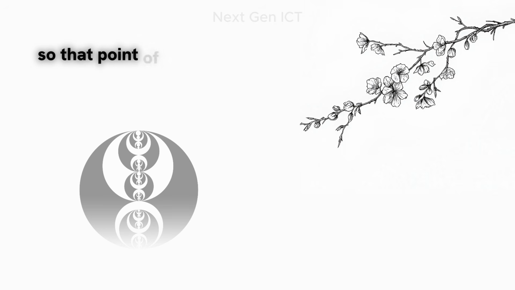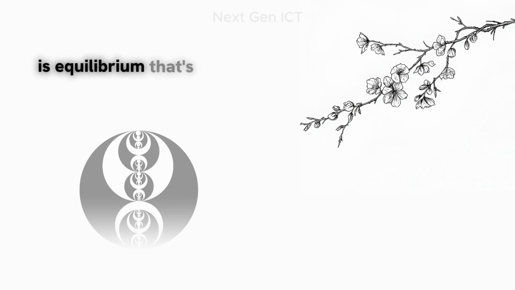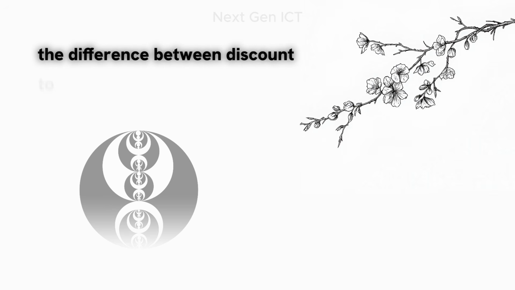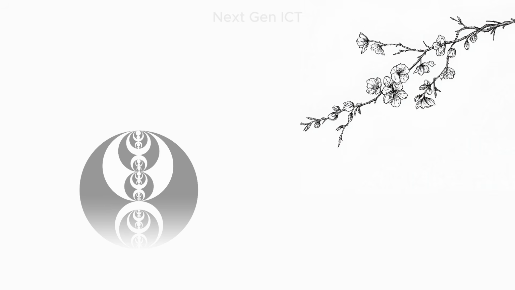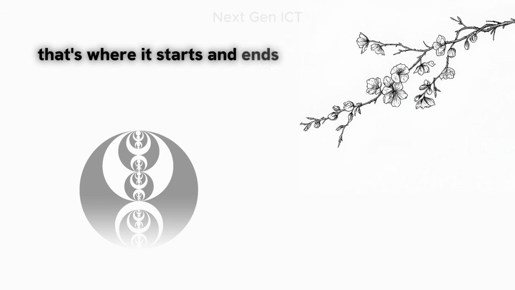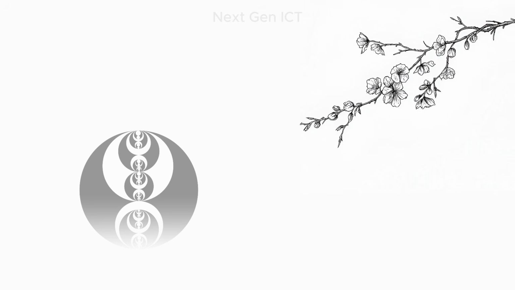That point of inception and where your target is, which is terminus, between those two price points is equilibrium. That's where discount to premium starts and ends. But if you go halfway between equilibrium to your target, which is terminus, that's in premium range, not discount.